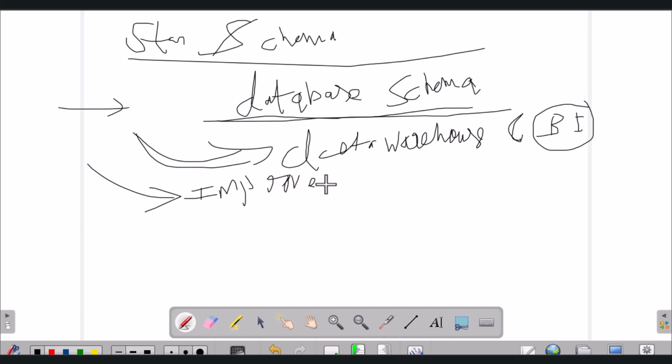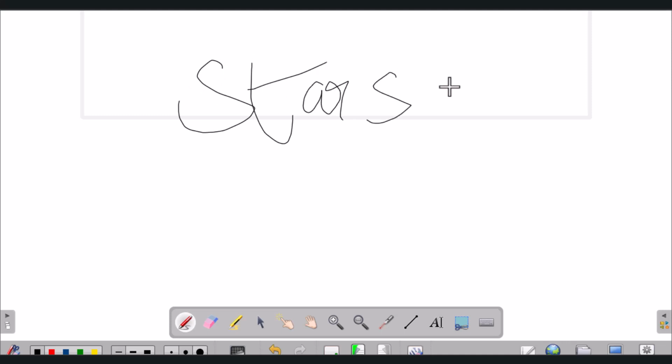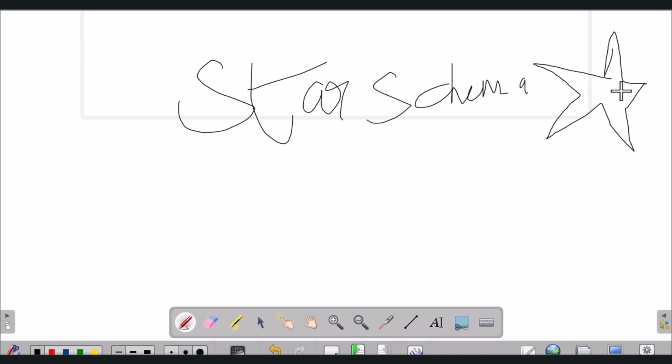The star schema consists of, okay, we'll try to understand. Now, understand with the name of a star itself, it is a star schema. It is like this. I hope you got the clarity now.